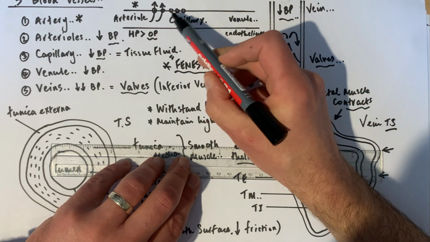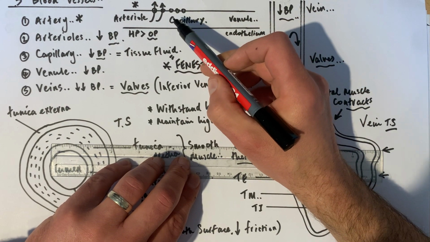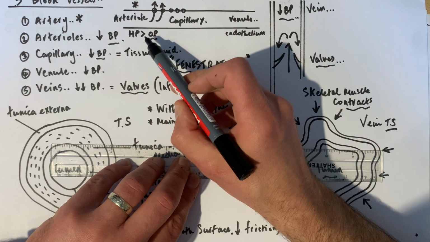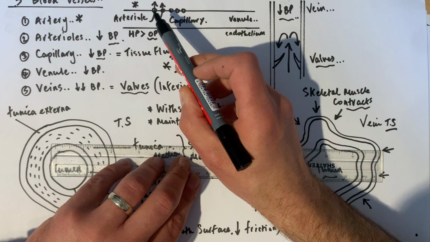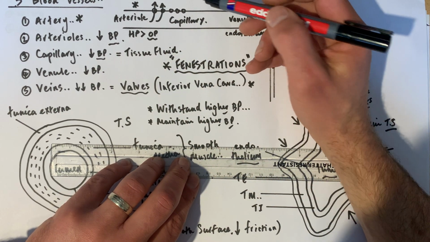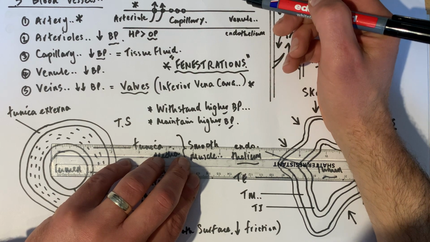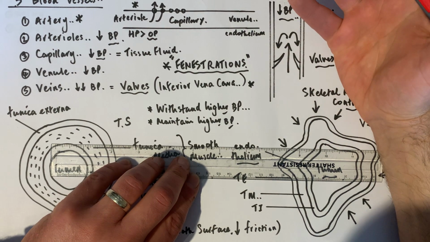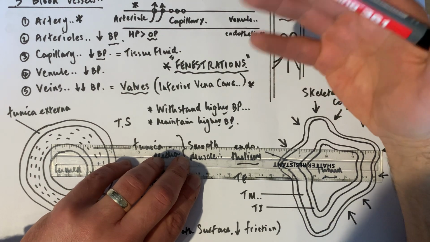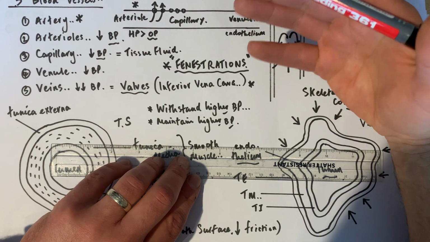They're little gaps between or through the endothelial cells, and the high hydrostatic pressure forces out the water and dissolved solutes through the fenestrations, and that then becomes tissue fluid, which is going to bathe the cells that make up the tissue. Now remember, the definition of a tissue is an aggregation or collection of similar specialized cells that all work together to perform a certain function.